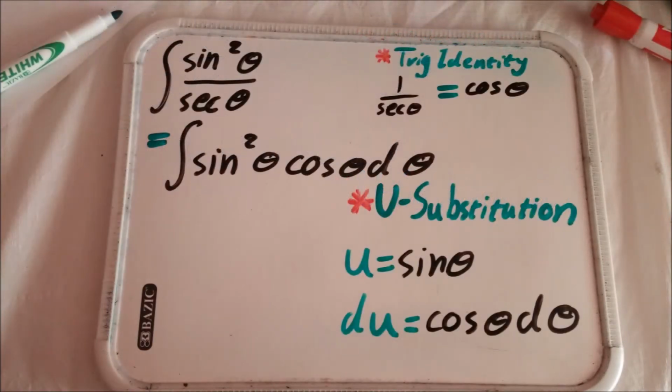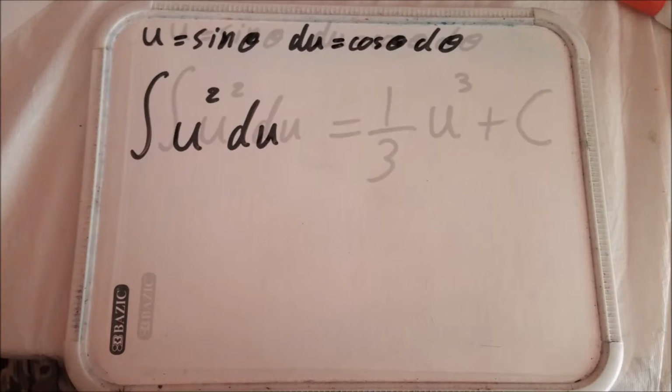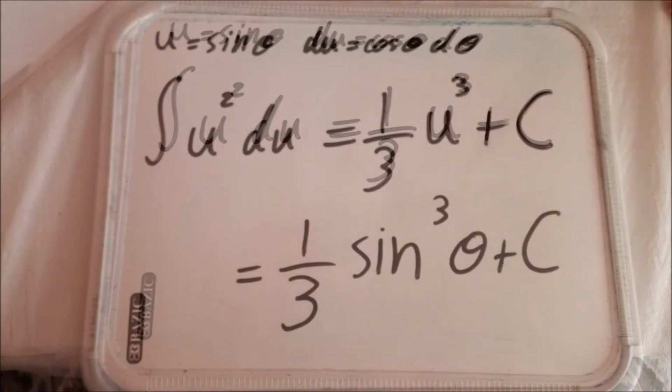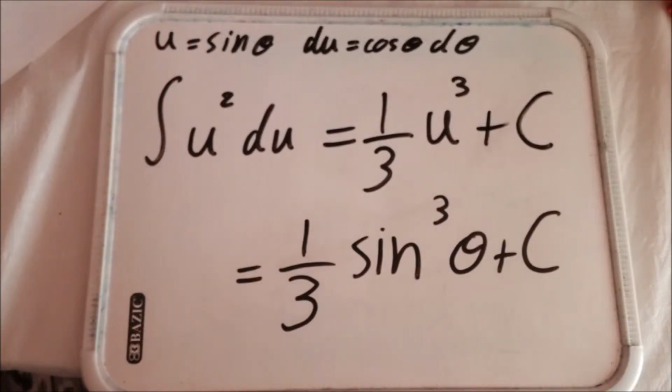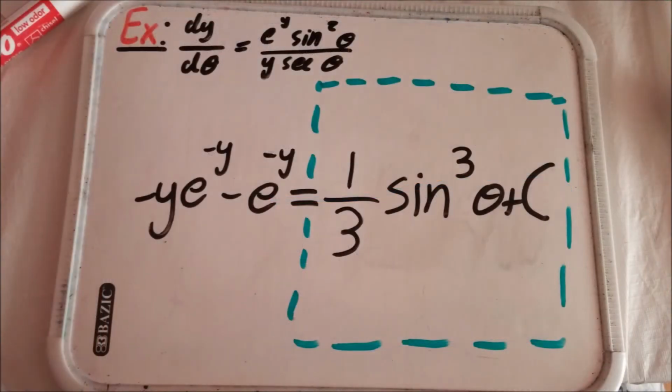Let's let u equal sinθ, so du will equal cosθ dθ. We perform the integration after having it rewritten in terms of u, and we get 1/3 u³ plus c. At this point, we can substitute sinθ back in as u, and we have 1/3 sin³θ plus c, our right-hand solution.